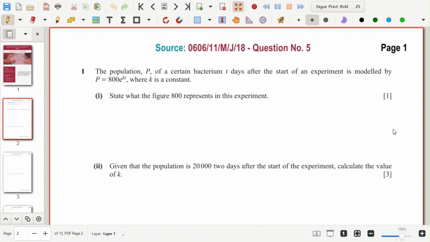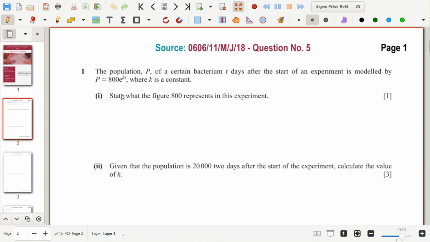Okay, it's a whole course in mathematics in the university, and some people do this as their masters. All right. So here we are just going to apply the exponential equations we learned to solve this question. Now the first one asks you to state what the figure 800 represents in this experiment.